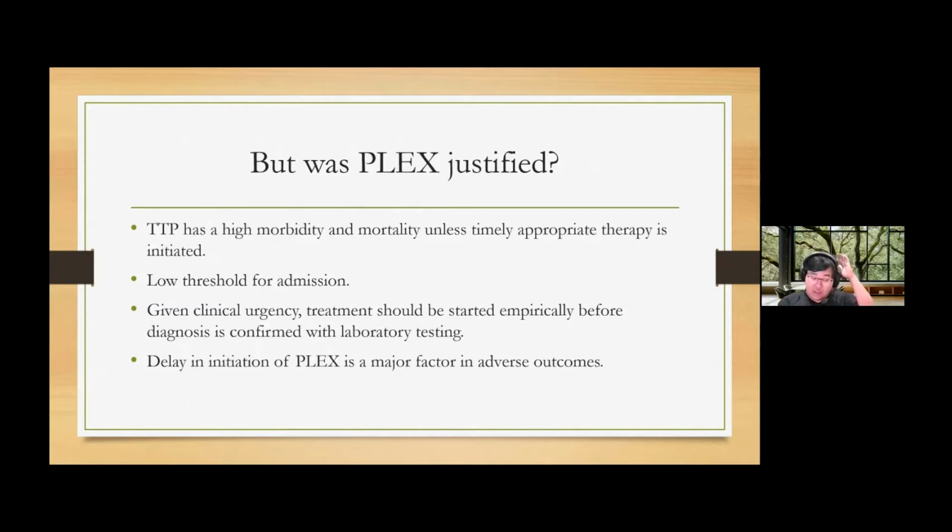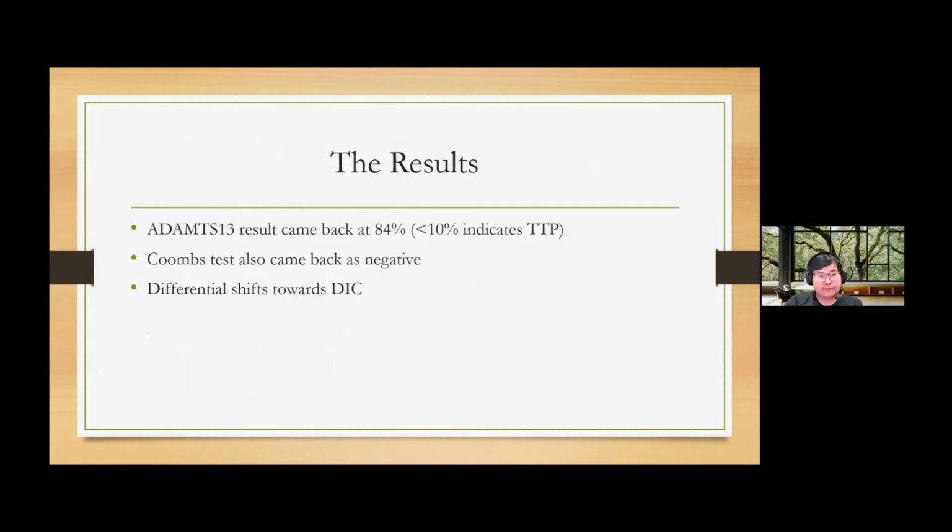If you delay the PLEX treatment, plasma exchange, that's one of the major factors in adverse outcomes. So starting PLEX early, even before we know the results of her ADAMTS13 test, is indicated at this point.